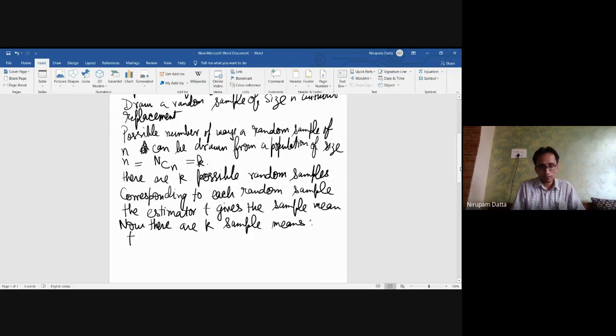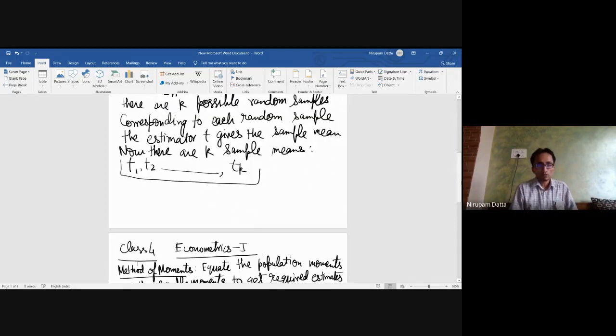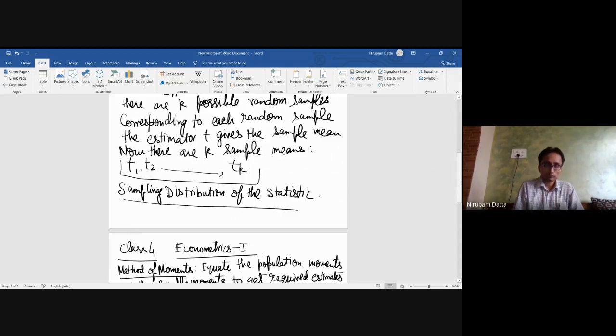That is T1, T2 to Tk. Now these numbers form a sampling distribution of the statistic. So they are now forming a sampling distribution of the statistic, which is nothing but a sample mean. Now we will find the mean of this sampling distribution of the statistic.